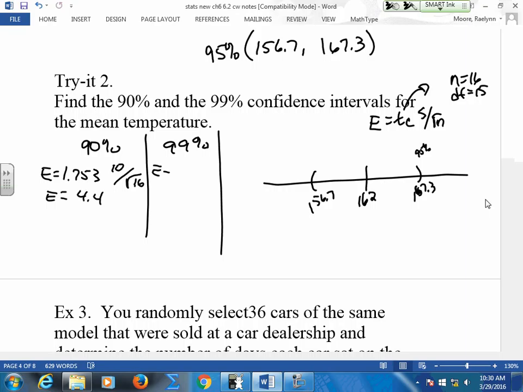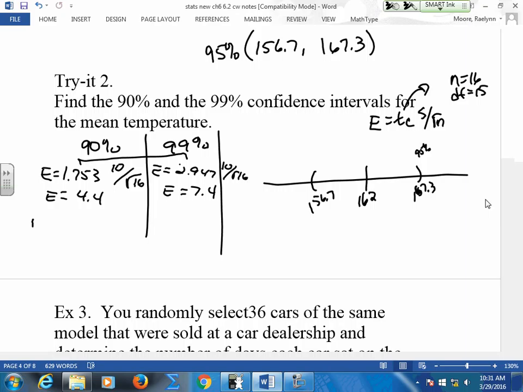And what was your TC for 99? Good. So do you see where it increased from here to here? We're multiplying by a bigger number. It's got to increase your 8. If you add something bigger, it's going to make this wider. And the rest stays the same. So your margin of error is going to get larger.